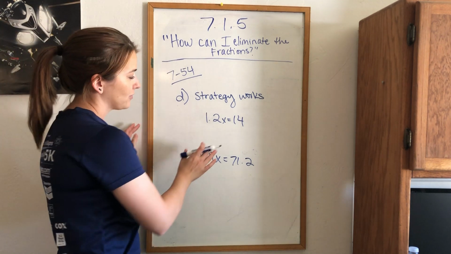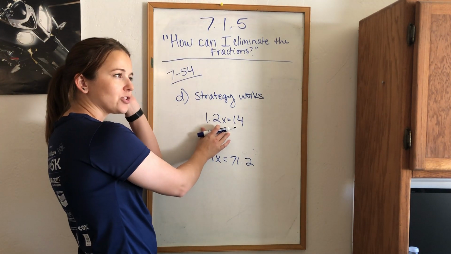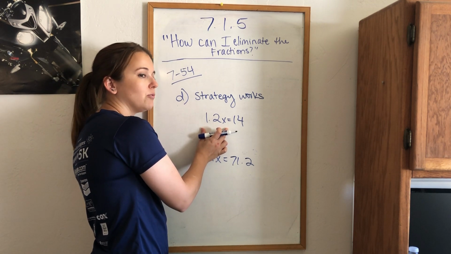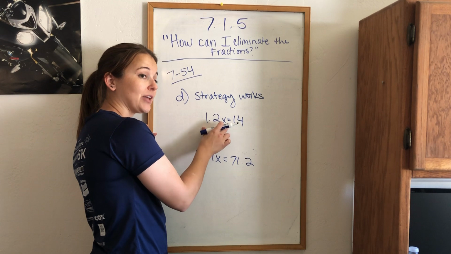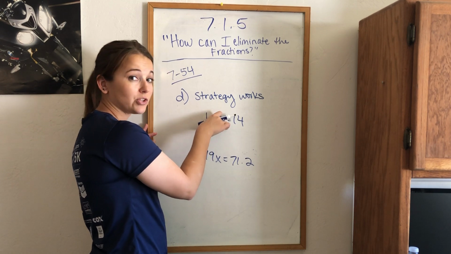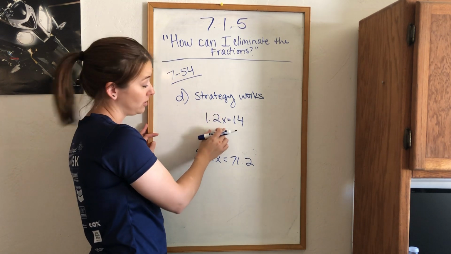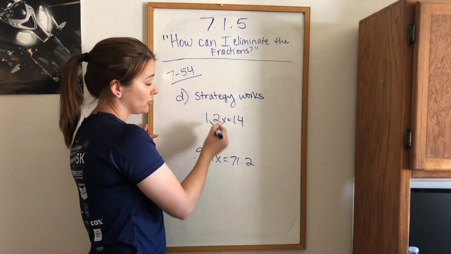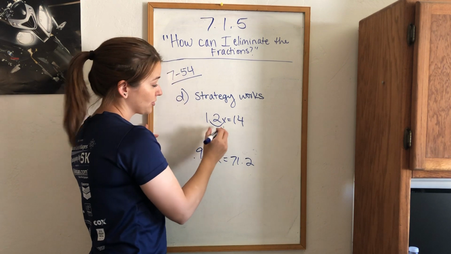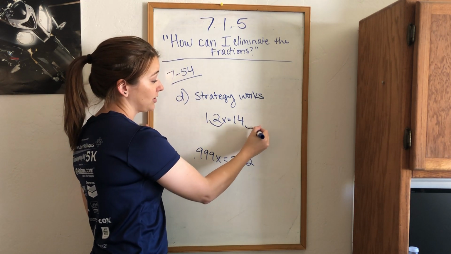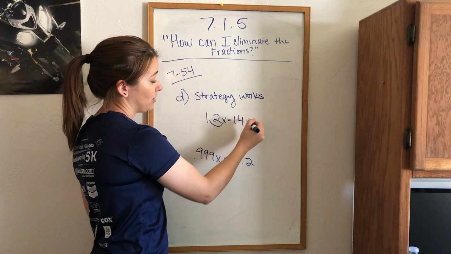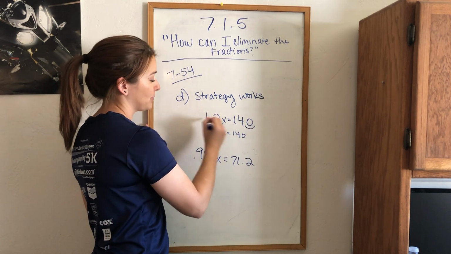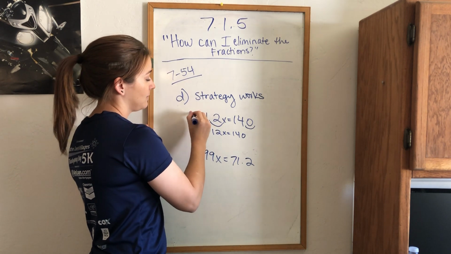If you look at the decimal you're working with, you just ask yourself, how many tens do I need to multiply this by to move the decimal so that it's a whole number? Well, if I move this decimal over to the right once, I get the whole number 12. So if I do that on that side, I need to do that on the other side as well. So that would be 140, and that would be 12x equals 140. So I pretty much multiplied both sides by 10.